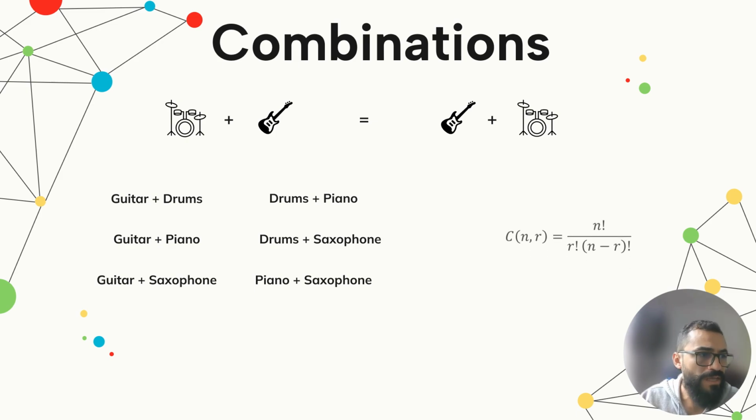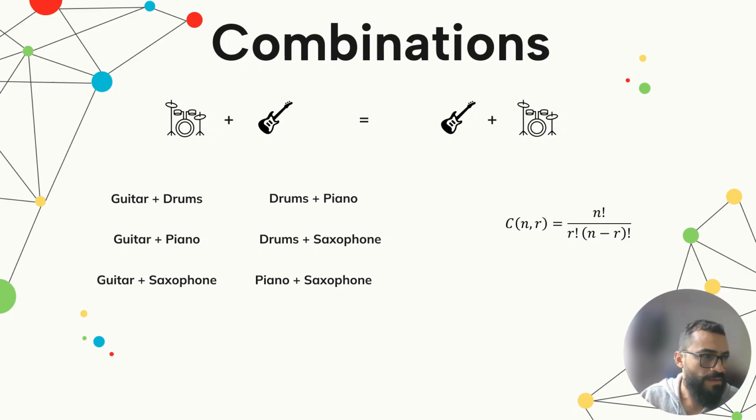So you have the formula here, which is the combination of n and r. It's equal to n factorial divided by r factorial multiplied by n minus r factorial, right?